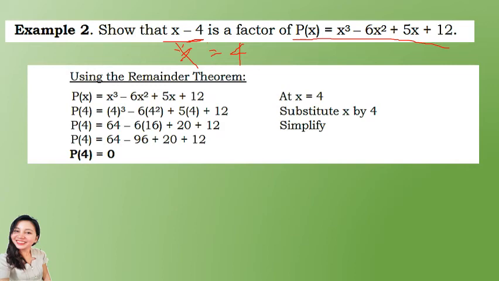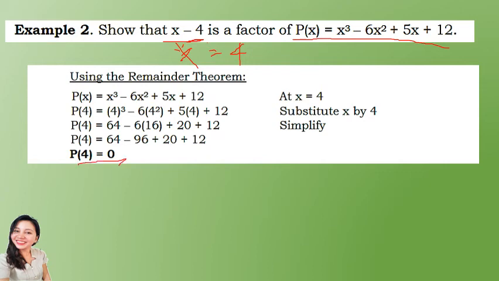So, 4 cubed minus 6 times 4 squared plus 5 times 4 plus 12. So, 4 cubed is 64 minus 6 times 4 squared is 16, 5 times 4, 20 plus 12. So, 64 minus 96 plus 20 plus 12. Ayuha ug tuplok sa calculator para masaktong answer. So, the answer is P of 4 equals 0.